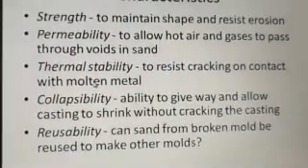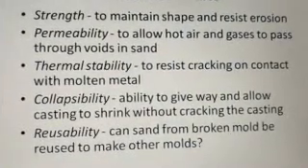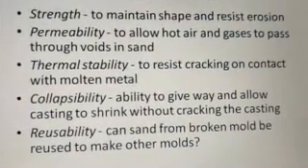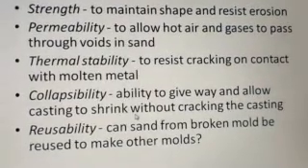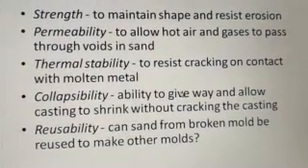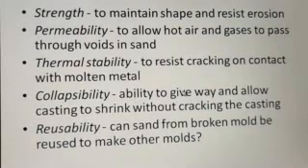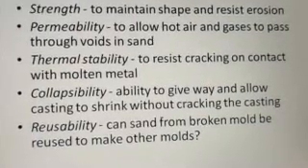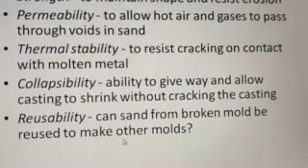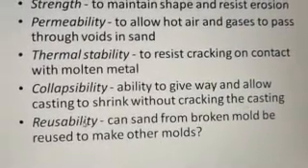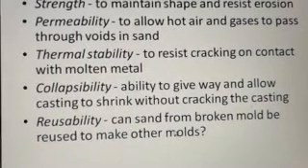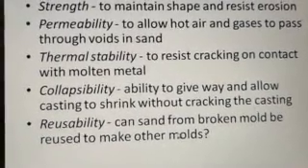Again, these are all sand properties to ensure we have a very good quality mold, and that results in a good product. Then comes collapsibility, which allows the mold to give way and allow the casting to shrink without cracking the casting. And finally, reusability, which allows the sand to be reused.